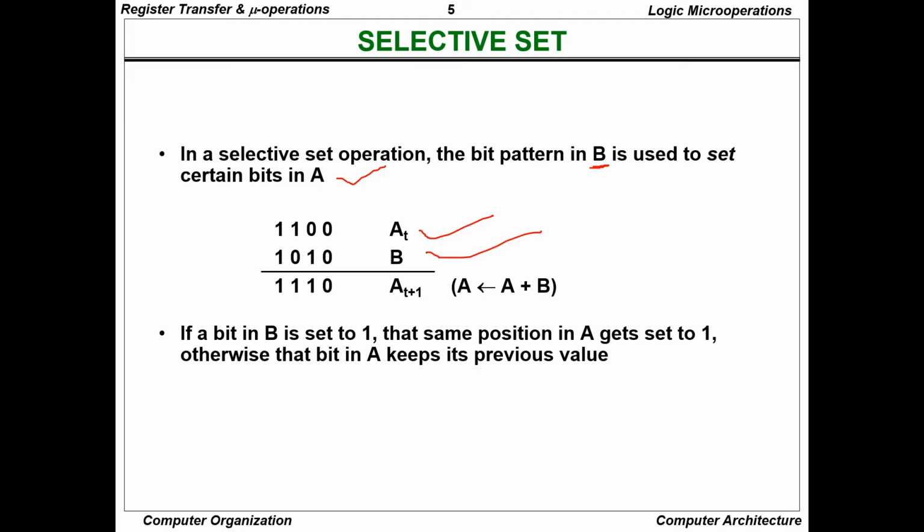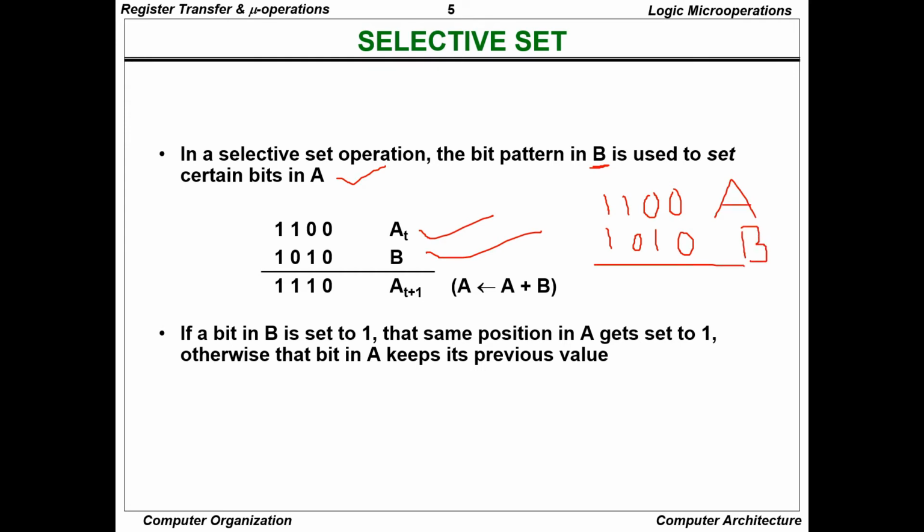So what's the point here? If a bit in B is set to 1, see the first bit here, my MSB is 1. So I am writing here 1 1 0 0 and 1 0 1 0. This is A and this is B, right?